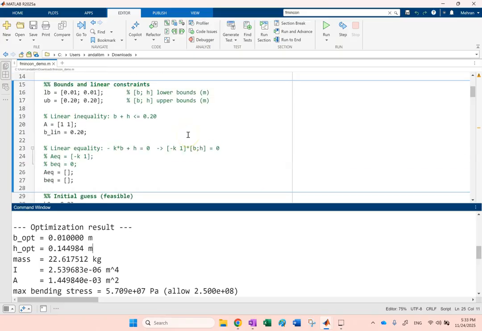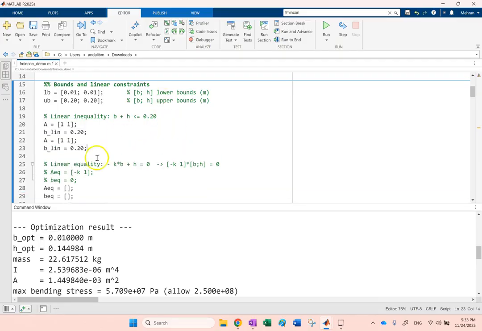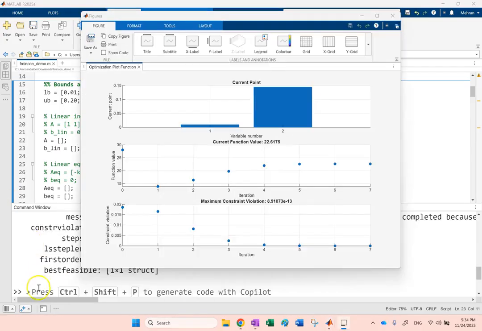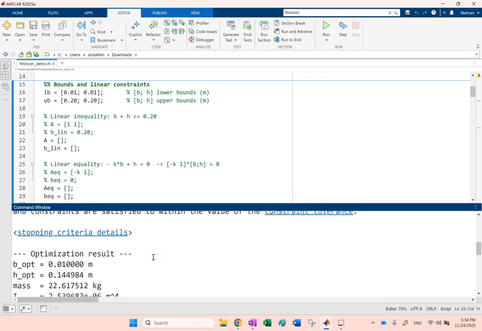And then let's say, for instance, I get rid of this linear inequality as well, that the perimeter should be less than so much. Let's get rid of that as well, see what happens. So the only things we are going to apply are the maximum stress and the maximum deflection at the tip of the beam. So let's see what happens. Okay, seems like again it converges in 7 iterations.